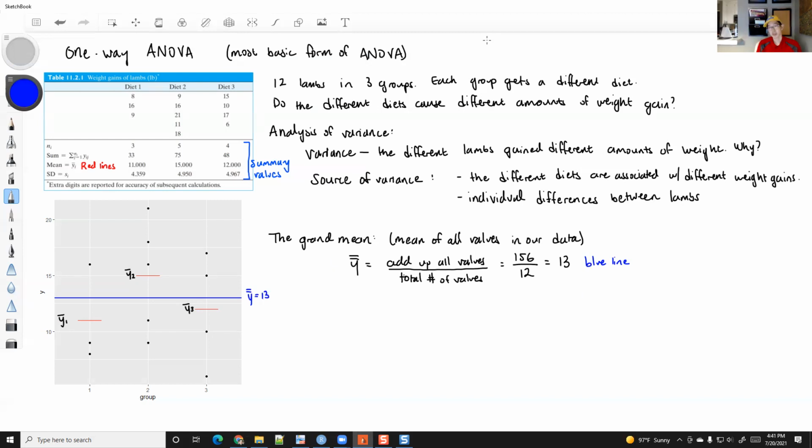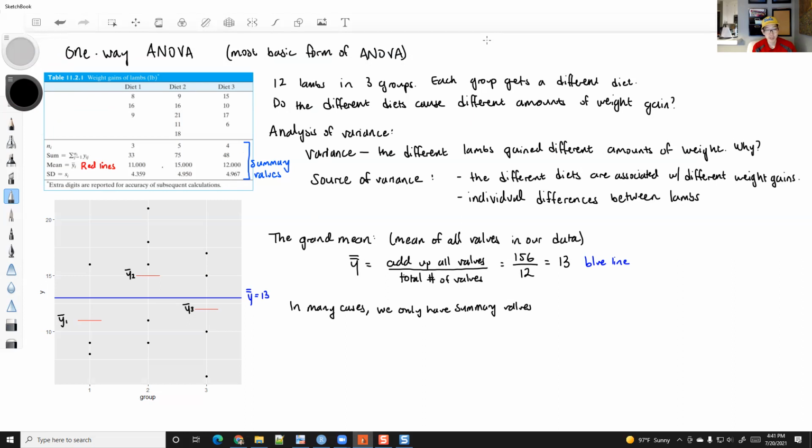Okay, now, oftentimes you do not have the raw values. In many circumstances, we only have summary values. So basically you only have the lower half of the chart.